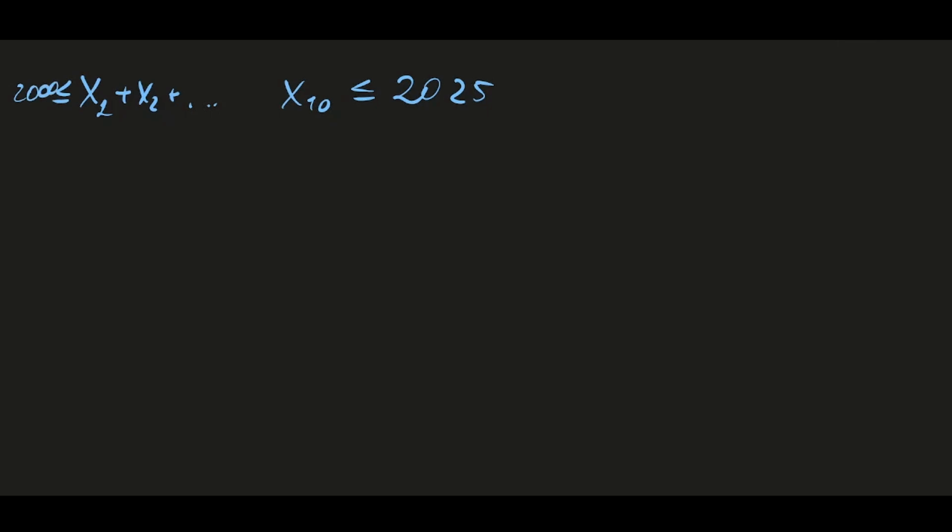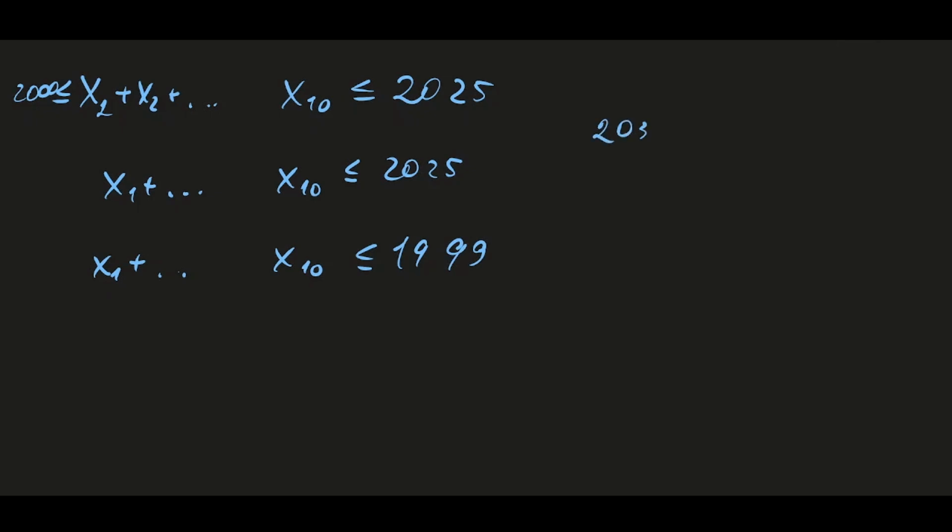This can be solved as the count with the sum less or equal to 2025, minus the cases when the sum is less or equal to 1999. The first can be computed as 2035 choose 10, and the second as 2009 choose 10. If we consider their subtraction, we get the answer.